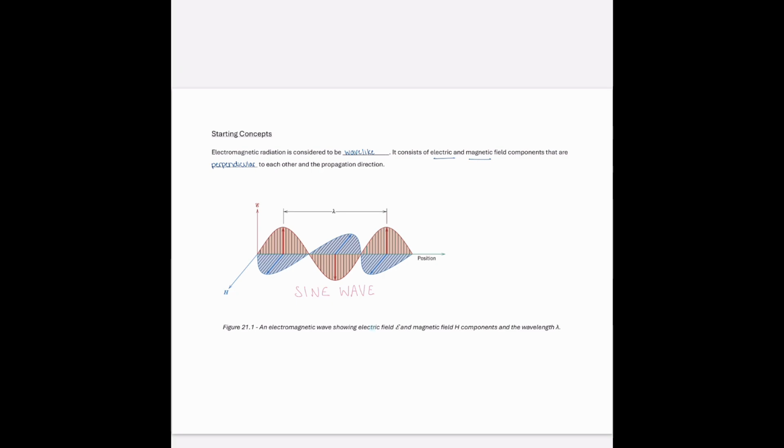So we've got the electric field here, which is shown here. And then we've got the magnetic field. We'll go for some pink here, and then in purple, the wavelength. Yeah, and that's our graph. Those are the components of it.